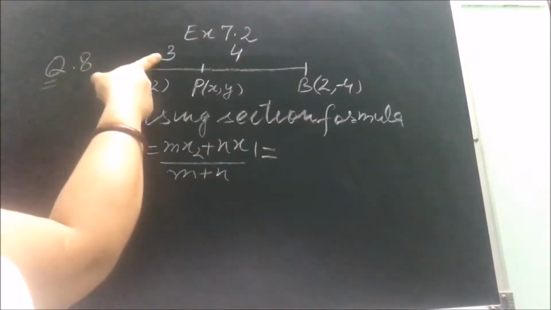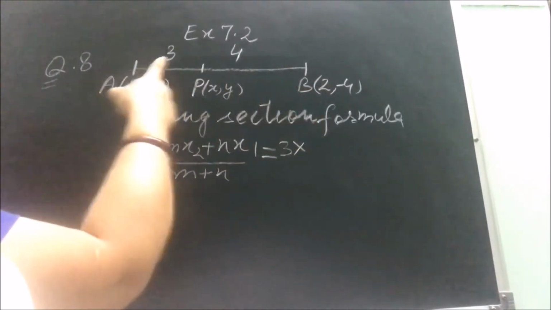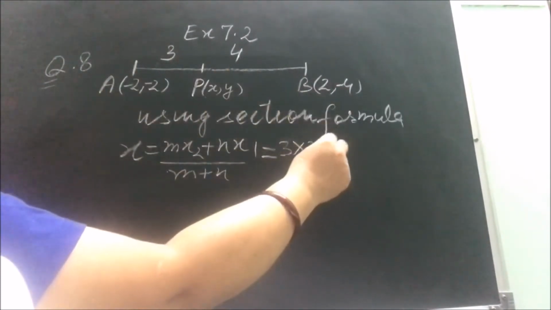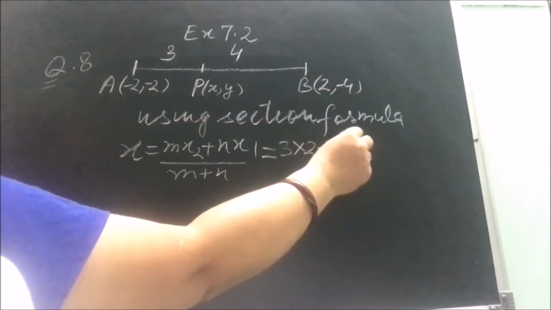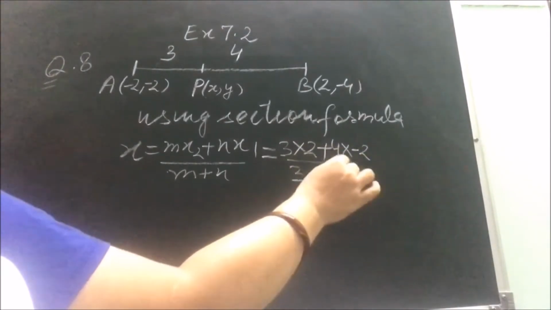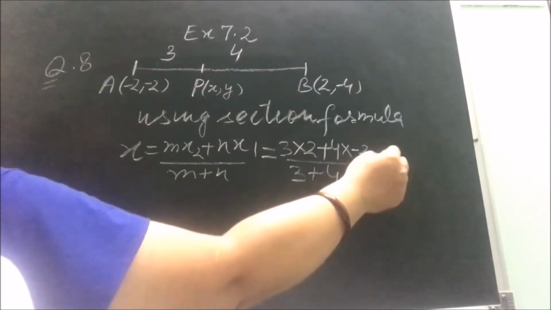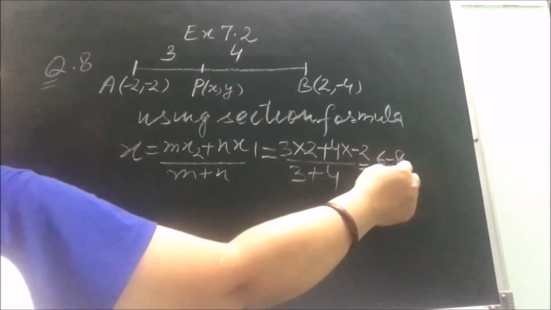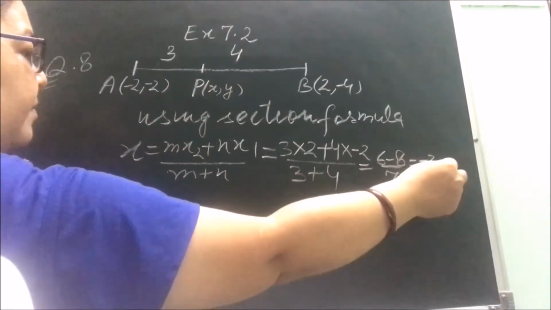So 3 into 2, that is m into x2, plus 4 into minus 2, divided by the sum of the ratio. 6 minus 8 divided by 7, that is minus 2 by 7.